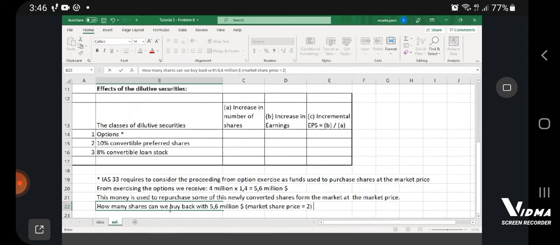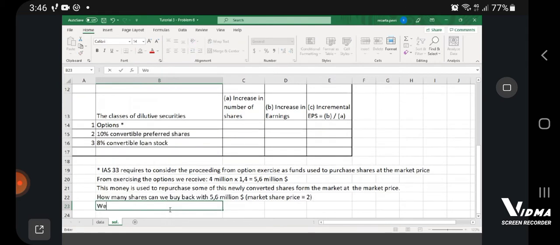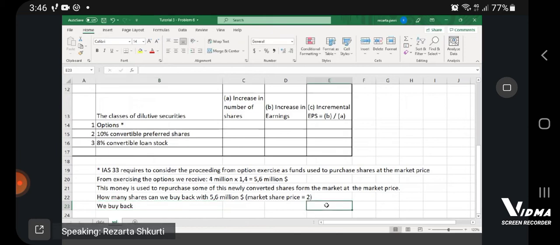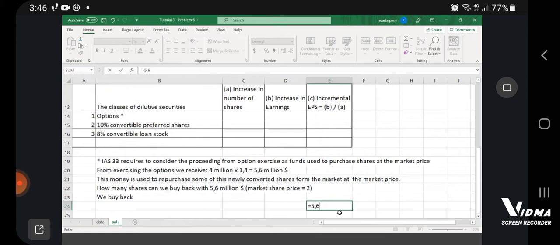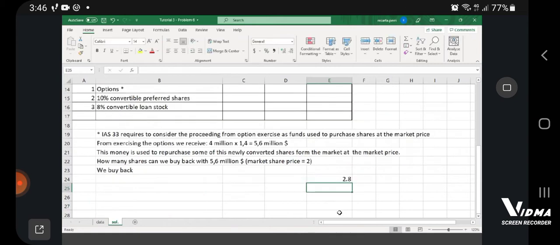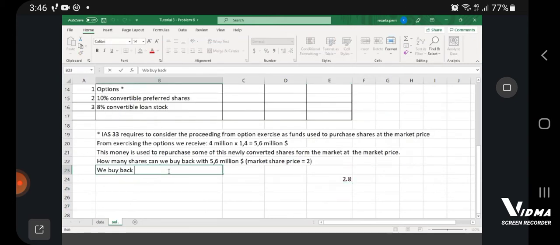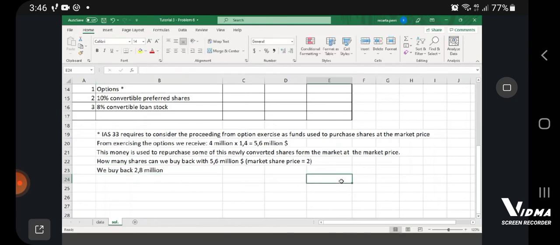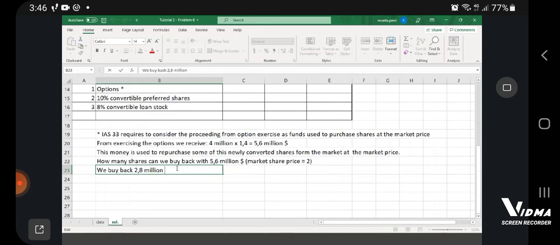So we buy back 2.8 million shares. Remember that these are known as inferred shares by the IAS 33 standard, okay?